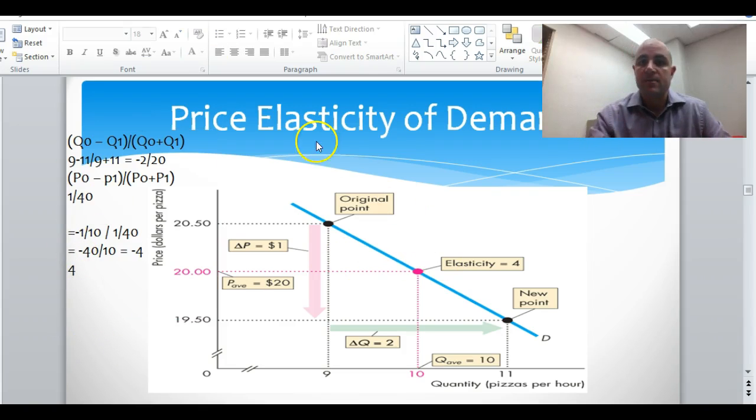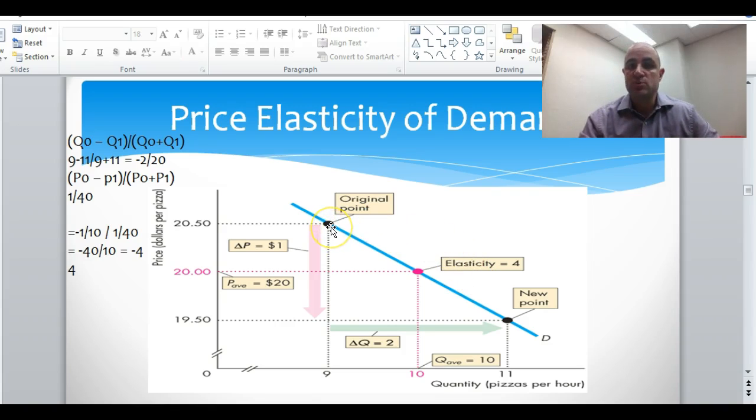Now, the reason why they have the 20 here is because when you do the midpoint formula, you're finding the elasticity as you move from one point to another. So it's basically the point right in the middle here. So what does that mean? Why is it good? What does it say?